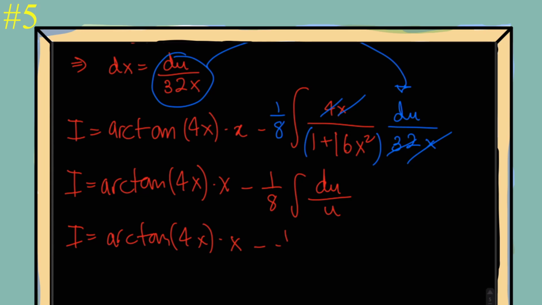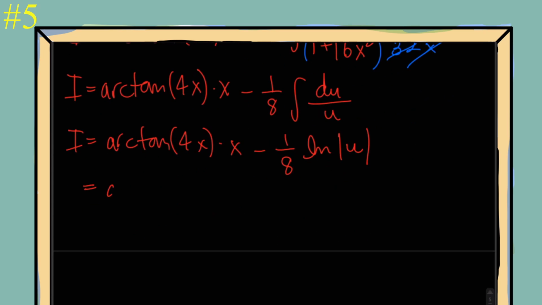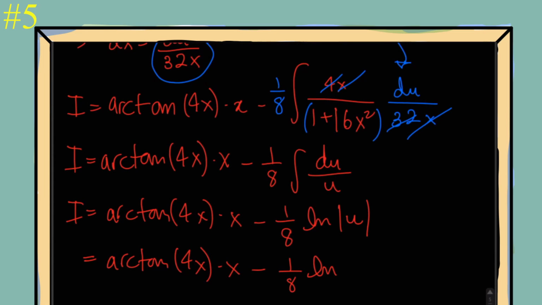So we get minus 1 over 8 times ln of absolute value of u, which is equal to arctan of 4x times x minus 1 over 8 times the ln of 1 plus 16x squared. That's always going to be positive, so we can get rid of the absolute value and plug that in, and that gives us our answer.